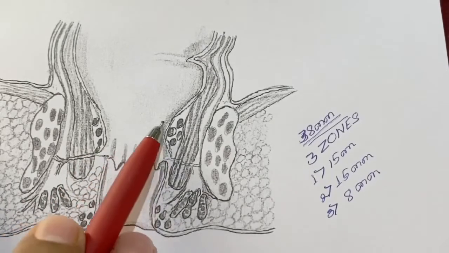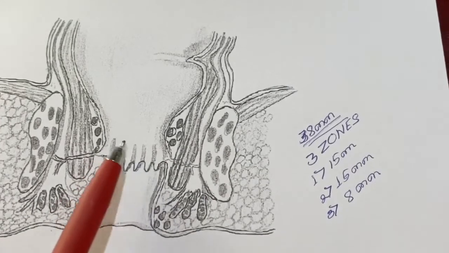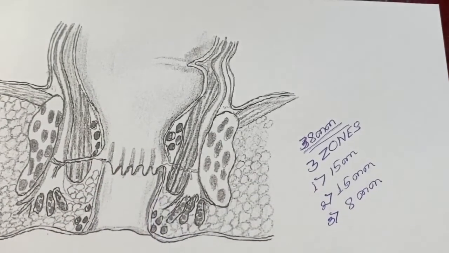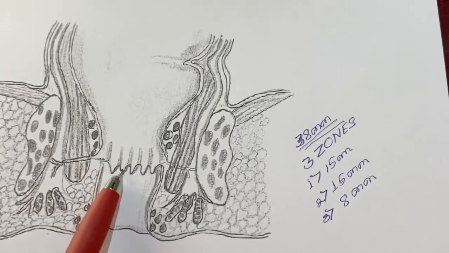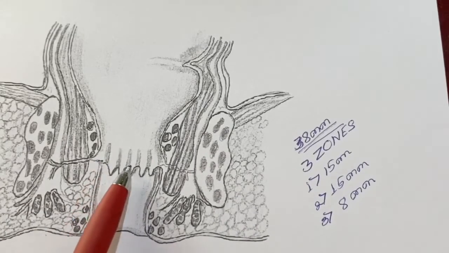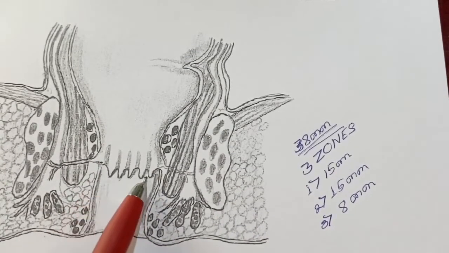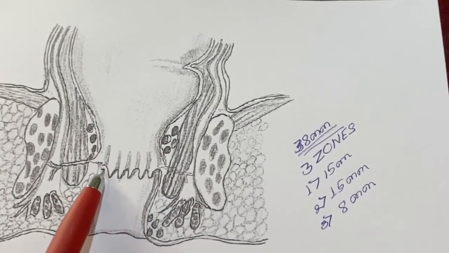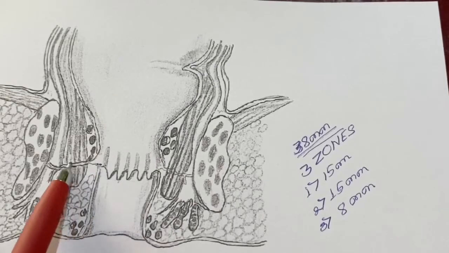This anal region is supplied by the superior rectal artery and drained by the superior rectal vein, and this part is supplied and drained by the middle and inferior rectal arteries and veins. We have learned about the pecten, the anal columns, and the anal valves, which are also called the pectinate line or dentate line, mucosal folds with crypts in between. Those crypts are the openings of the anal glands.